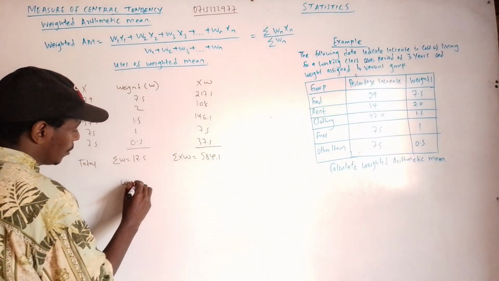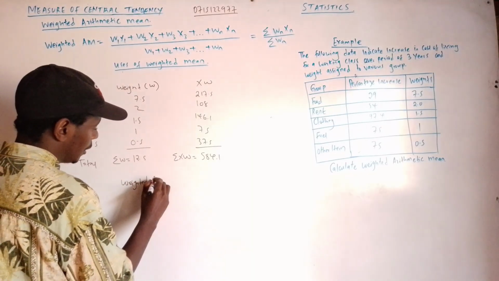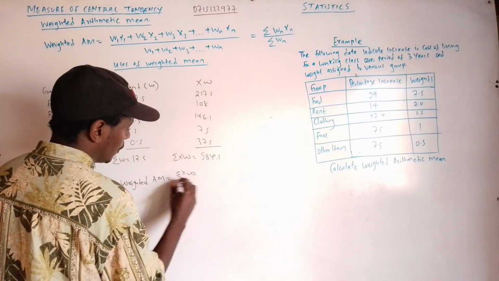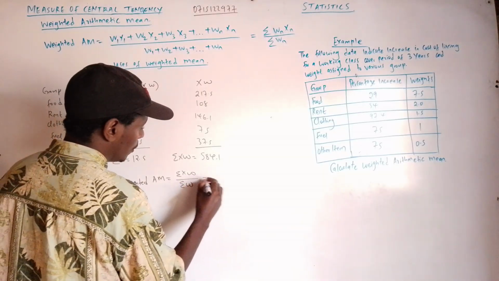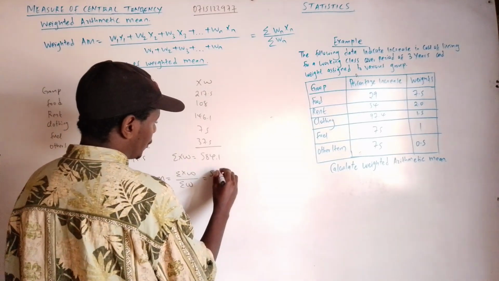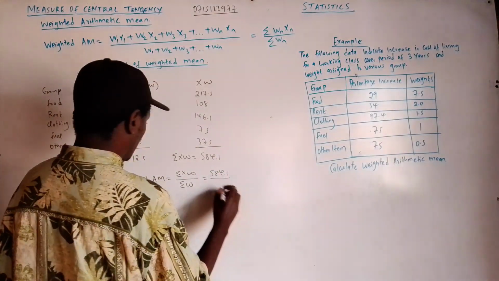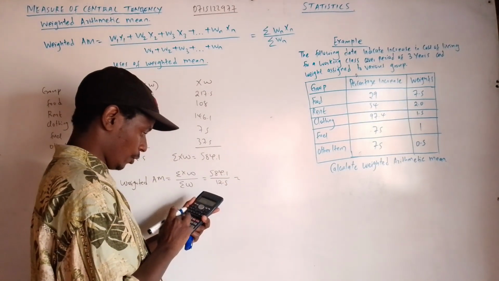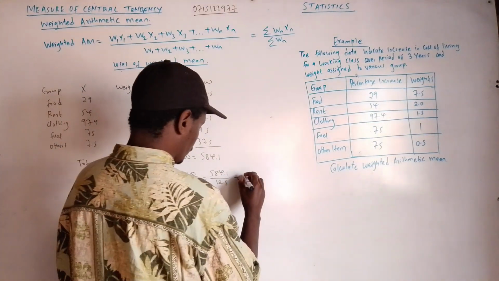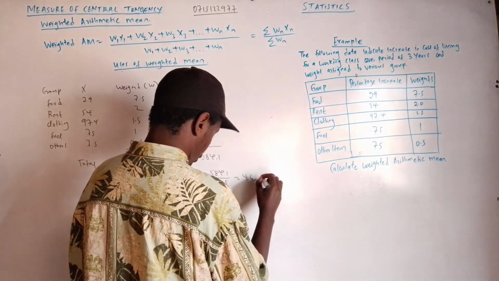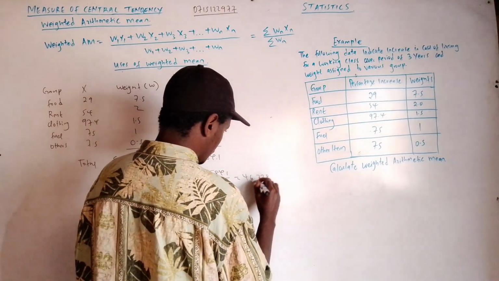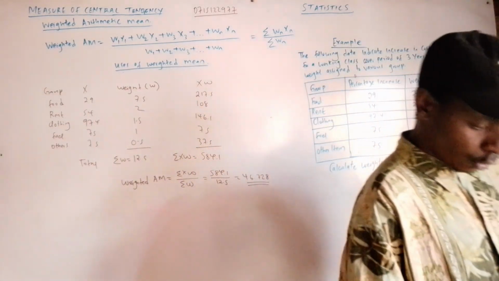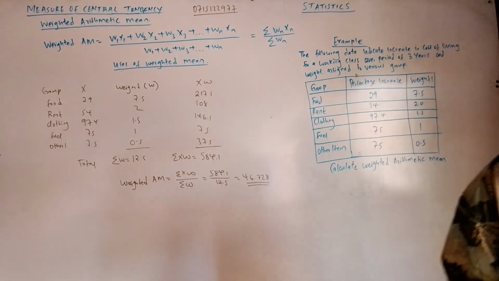The weighted arithmetic mean is equal to the summation of xw over the summation of w, which is 584.1 divided by 12.5. That is 46.728. So that marks the end of arithmetic mean for this class.